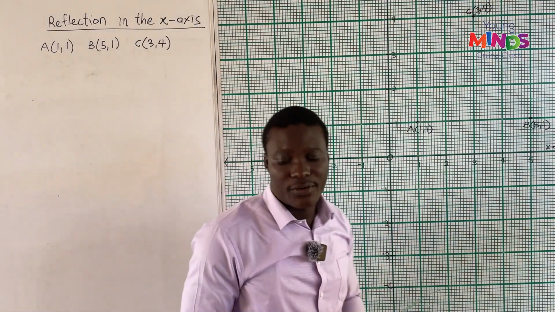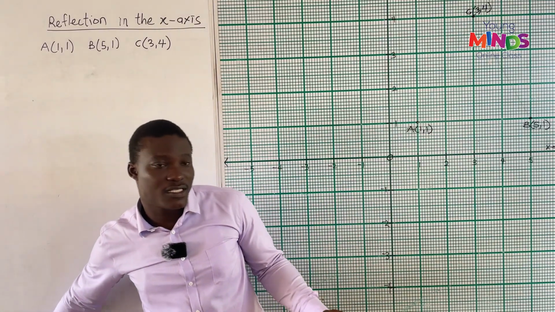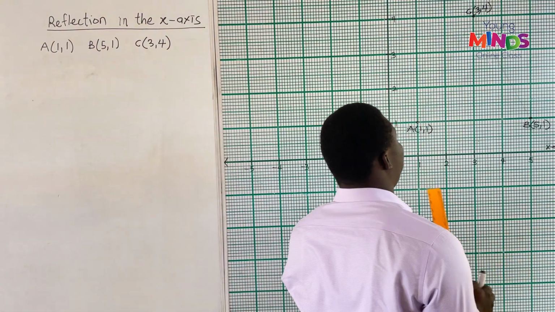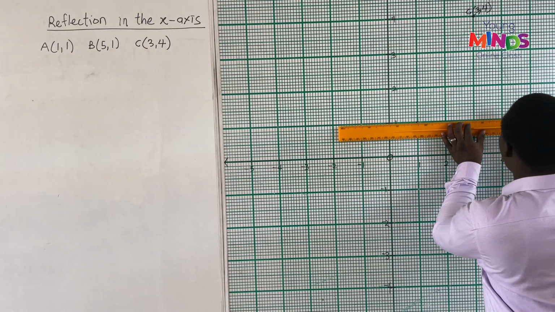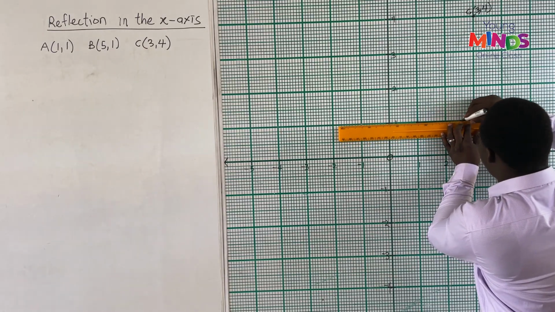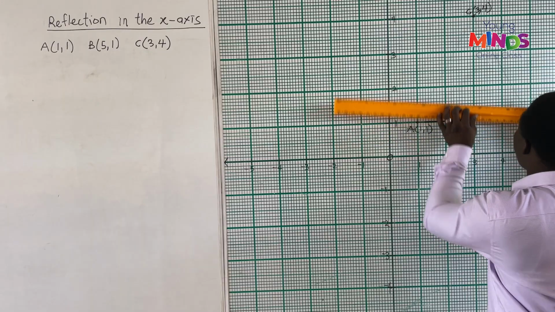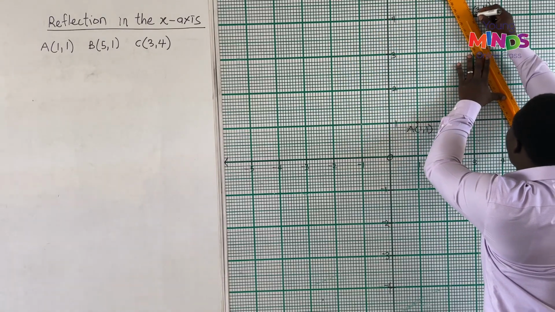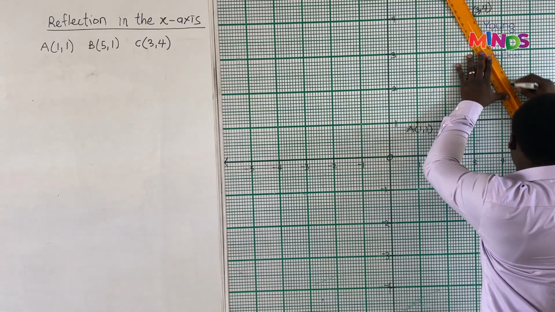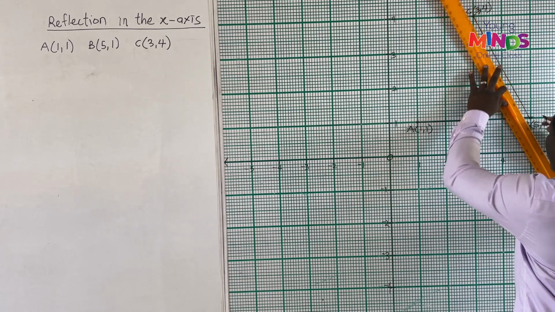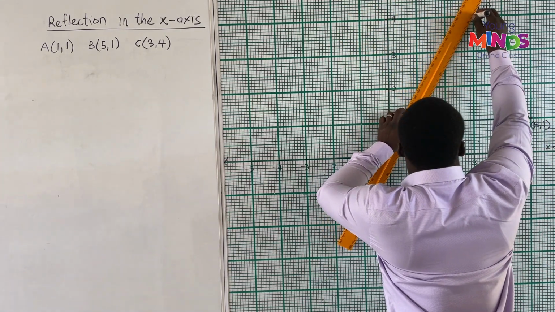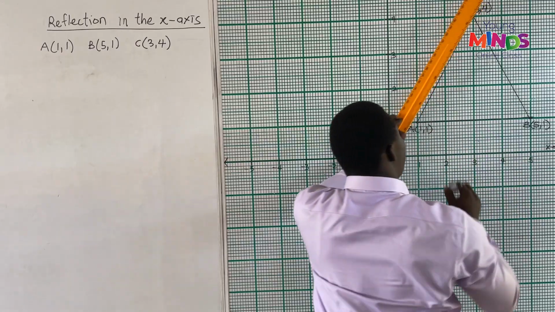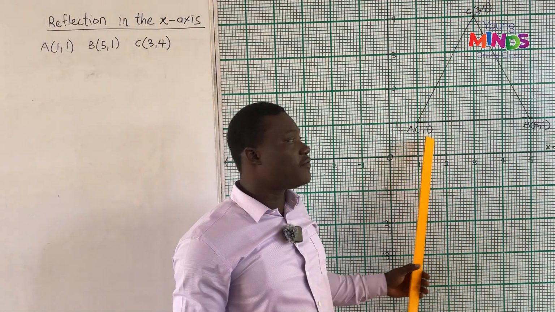We'll join the 3 points to form an image. This is the image formed.